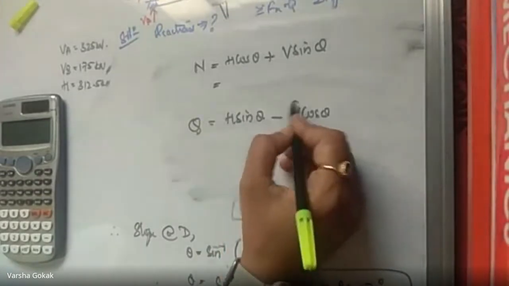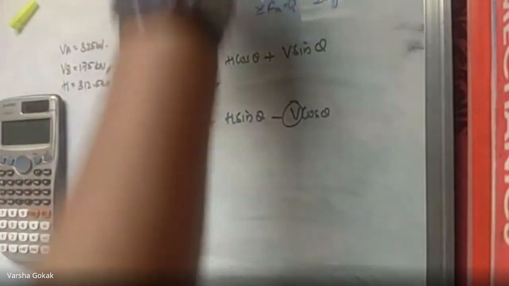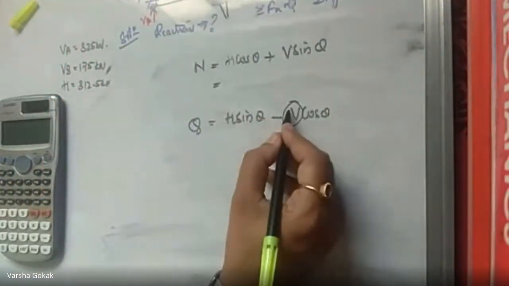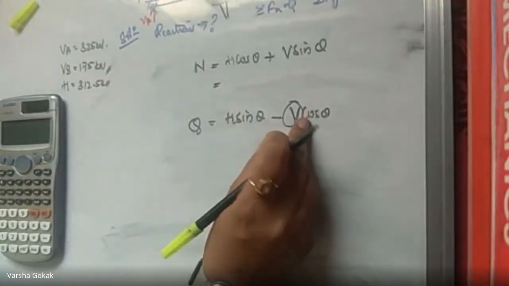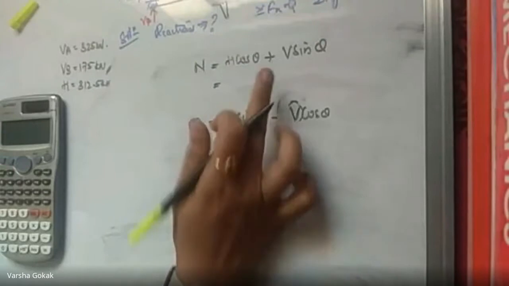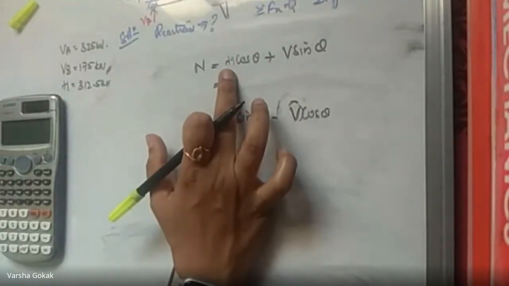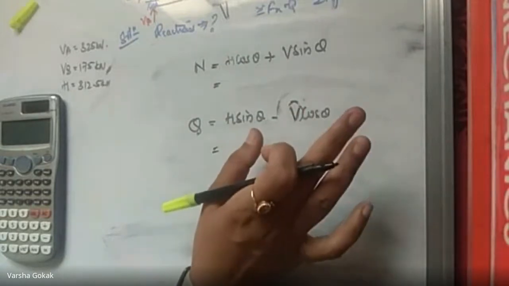What is V indicating here in this equation? 2R minus H? 2R minus H is this distance. No, what is this V in the equation? It should be a force, no? Yes, it is a vertical force. Now, H is a horizontal force that is acting, and V is a vertical force that is going to act.